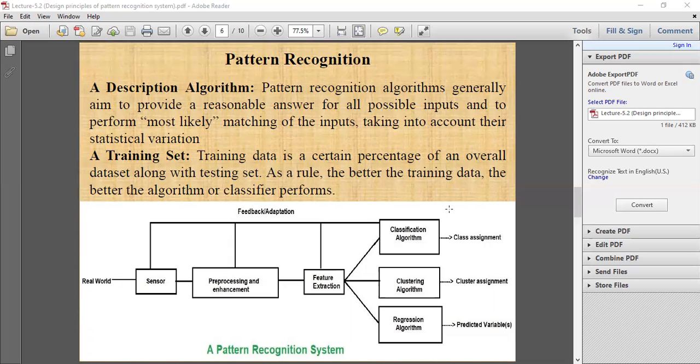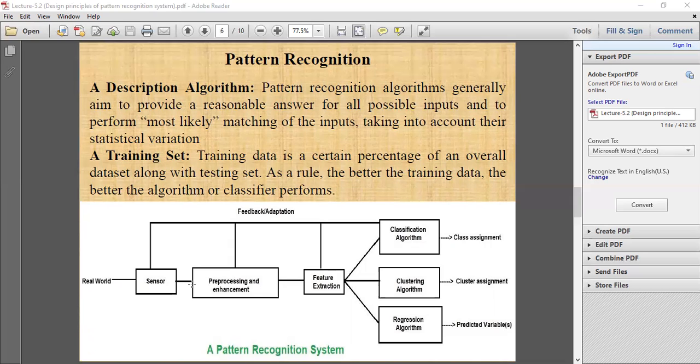Training data is a certain percentage of an overall data set along with the testing set. As a rule, the better the training data, the better the algorithm or classifier performs.